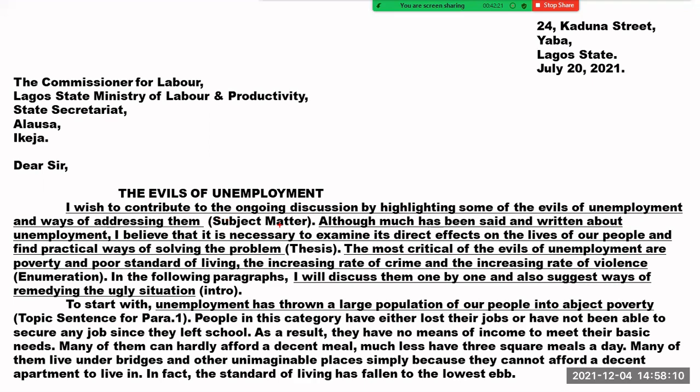You see, this is the subject matter, what we call the hook. Now, because you are writing a formal letter, you want to appear to be formal. You are not interested in any other thing than to go straight into the purpose of the letter.